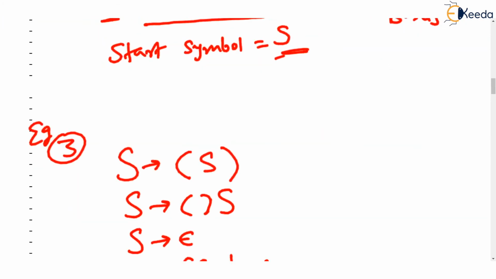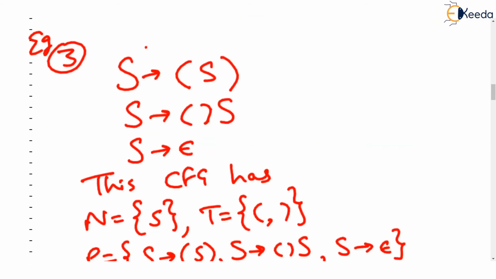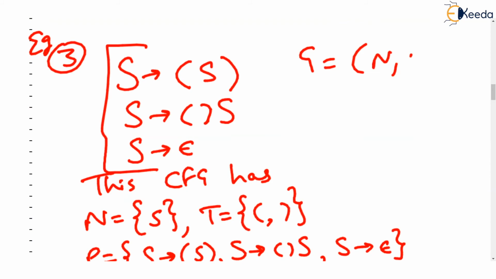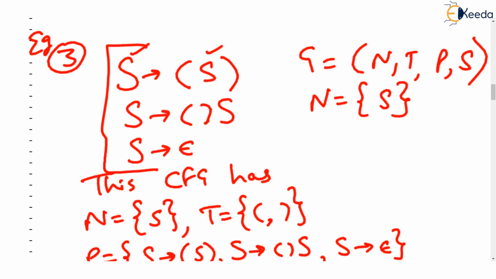So very quickly make out: if this CFG is given, and this is G containing non-terminals, terminals, productions and start symbol, then N here clearly is S. Only one capital letter, isn't it? The variable is only S. What about terminals? I hope you made out there are open bracket and close bracket. Well, epsilon won't be counted.